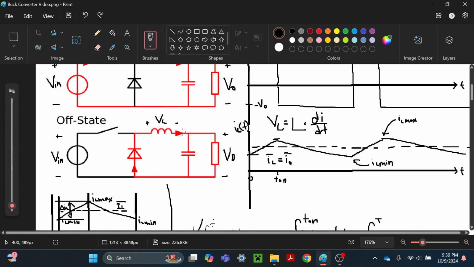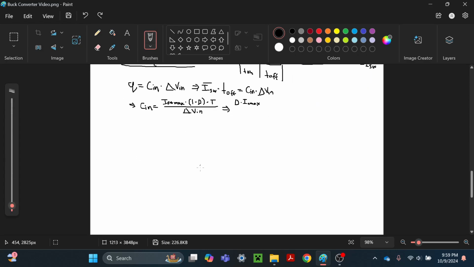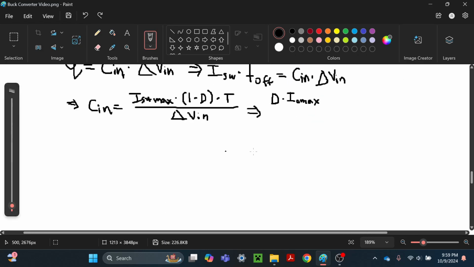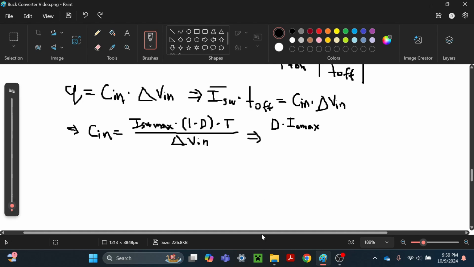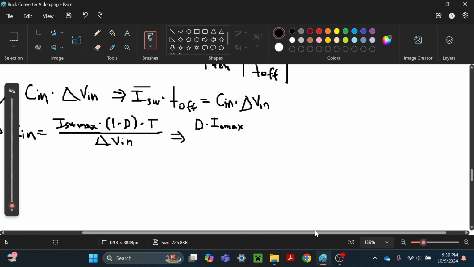So we're doing this for the maximum output current scenario. So given that duty, the current in that switch is going to be the duty times the max output, because the switch is only experiencing it during the positive cycle of the duty.